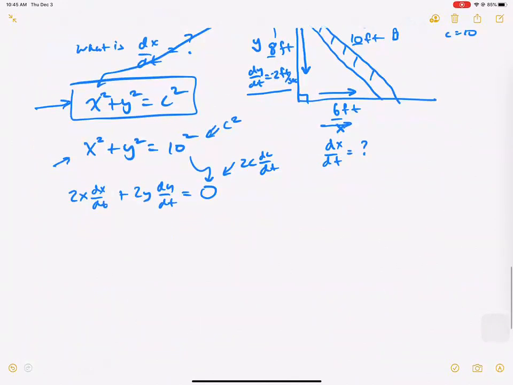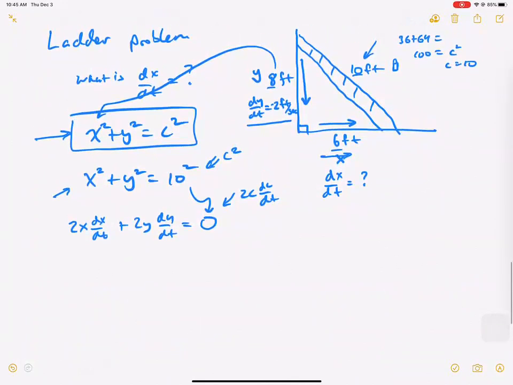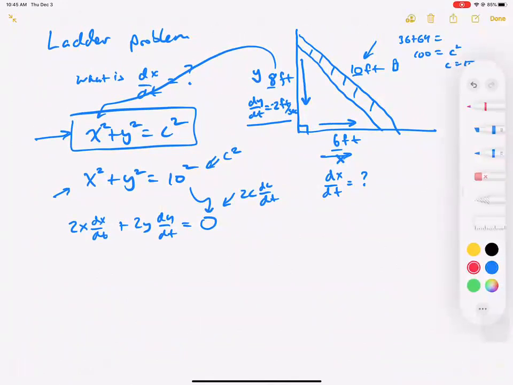From this step on, we're going to plug in every value we know. We know that x is what? Looking at my little picture there, x is 6. We know y is 8. At that very instant, y is 8. We know dy dt. They told us dy dt. That was going to be negative 2.